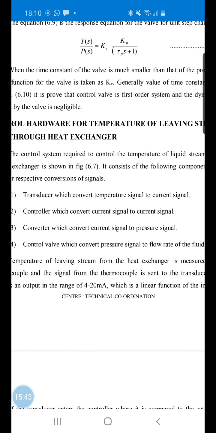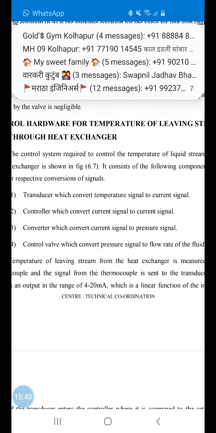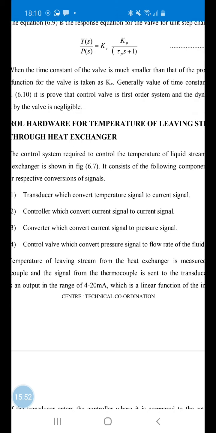So this is how you can study the pneumatic control valve, which is of two types, air to open and air to close. All these control valves work between 3 to 15 psig. Sometimes the question arises, why not 2 psig or why not 16 psig? So my dear students, beyond 3 psig, if the pressure is reduced, or beyond 15 psig, if the pressure increases, there is no change in the position of the diaphragm, stem and plug.